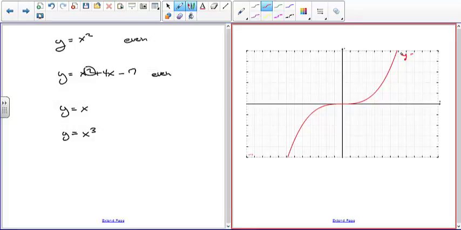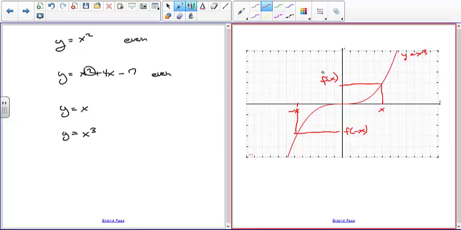Y equals x cubed. So if you take the value of the function here, this is x, and if you go the opposite direction to negative x, this would be f of minus x, and this would be f of x.